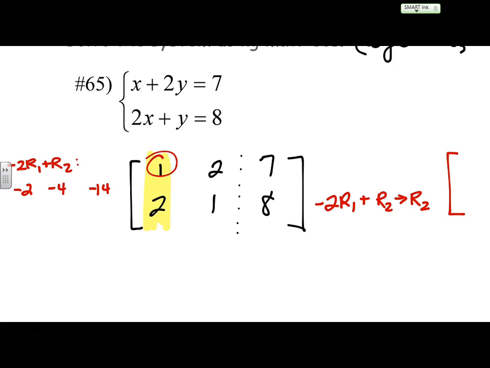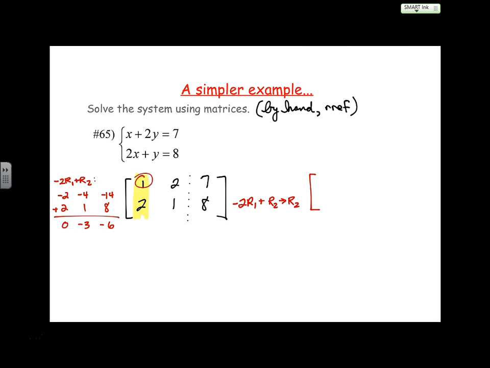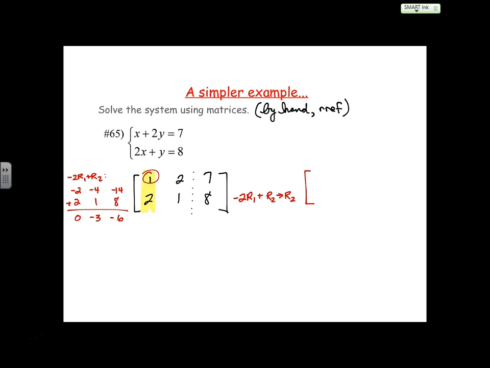And you can add that to the second row, which would be 2, 1, and 8. If you need to, you can set up a little problem with it. Then you can get your 0 and your -3 and your -6 that we're going to put into our matrix over here. There's no shame in that. That's going to be our 0, our -3, and our -6.